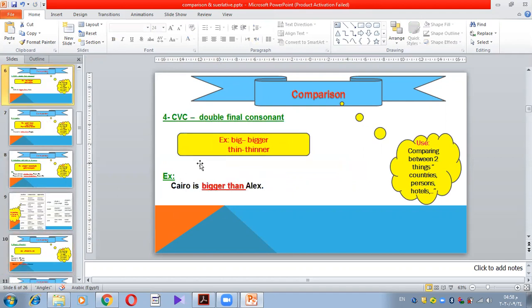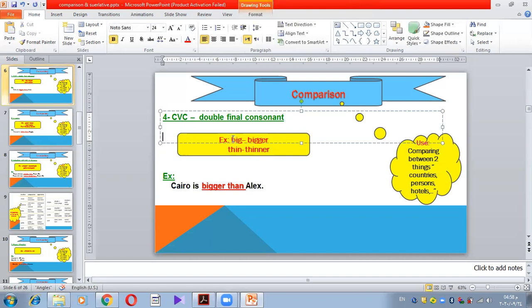Rule number 4. If the word consists of CVC, consonant, vowel, consonant, or ends with that, how can we add the ER? We double the final consonant before we add the ER. For example, the word big or thin consists of consonant, vowel, consonant: Th is the consonant, then I is the vowel, and then N is the consonant.